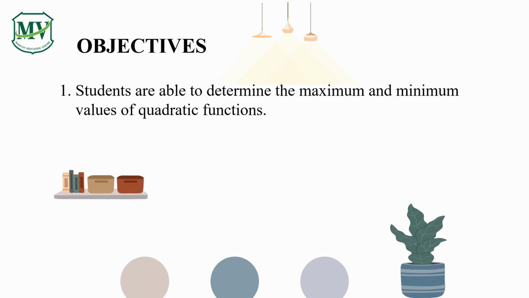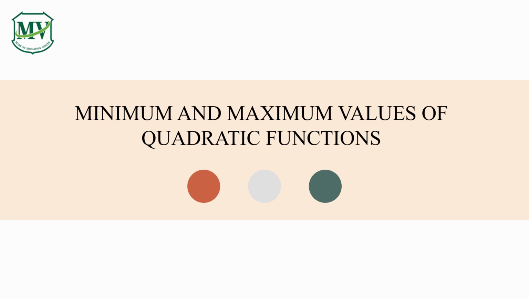At the end of this video, I am expecting you to be able to determine the maximum and minimum values of quadratic functions. Today, we are going to learn the minimum and maximum values of quadratic functions.